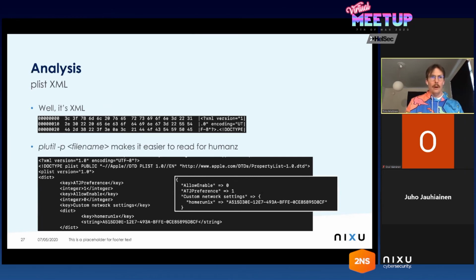And here's an example of XML plist. Well, it's XML, easy to recognize. I don't like to read XML, so I usually use plutil to output it into this format, which is much nicer to read, at least I think so.